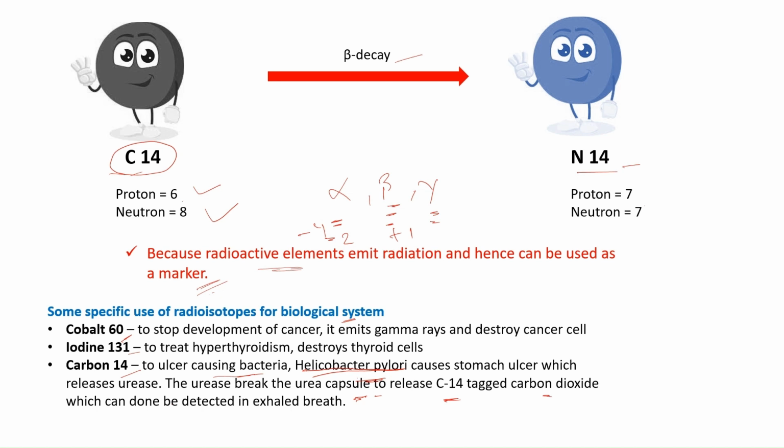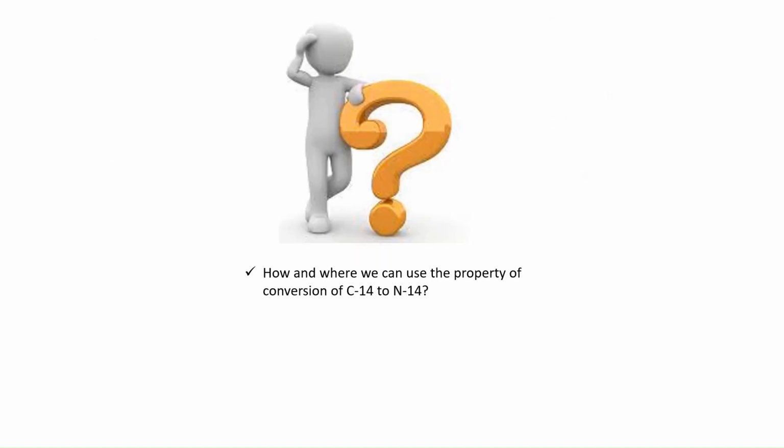As soon as it releases urease, the capsule, which is a urea capsule, will break open and release carbon dioxide. Because it is carbon-14, we can detect this carbon dioxide in the exhaled breath. So these are three examples of radioisotopes used in biological systems. So that's all for atoms.